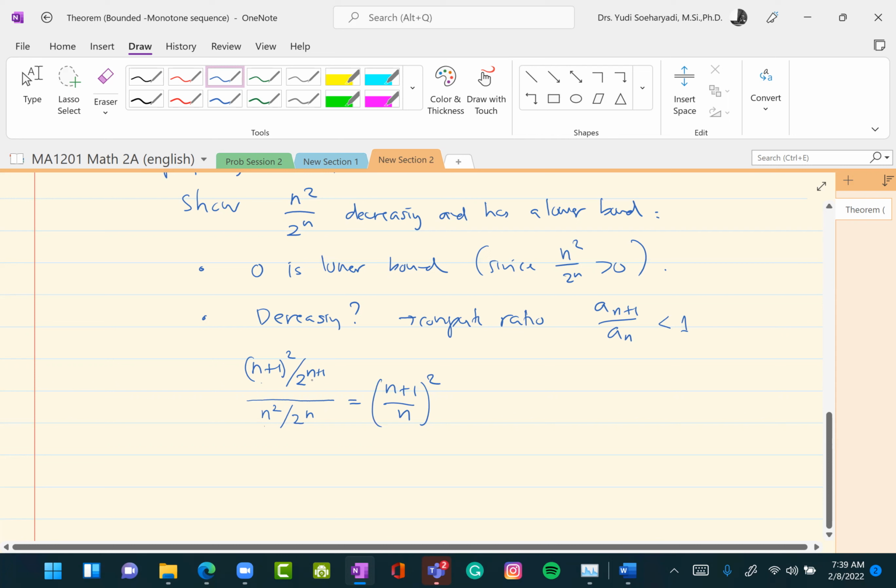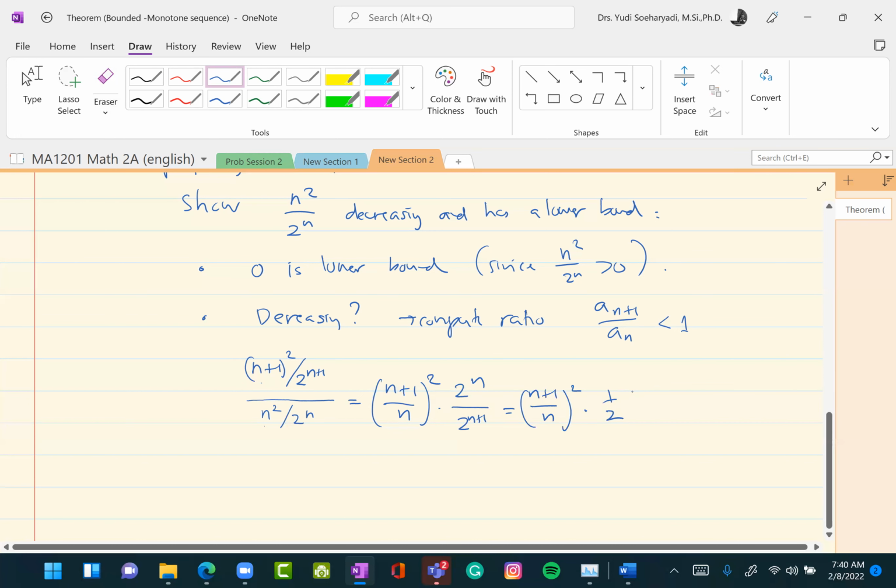So 2 to the n over 2 to the n plus 1 leaves just 2. So you get (n+1) squared over n squared, over 1/2.